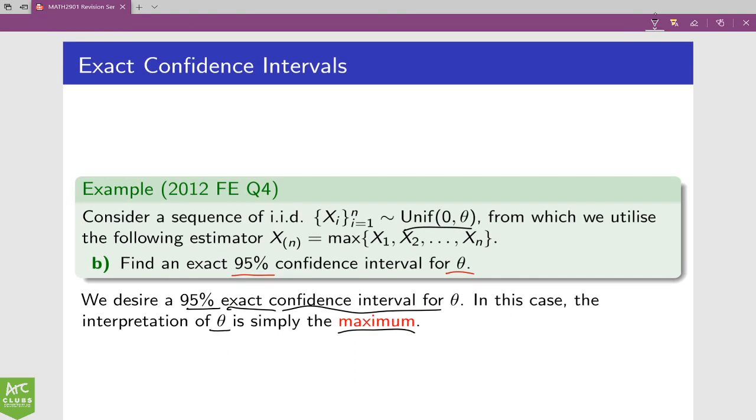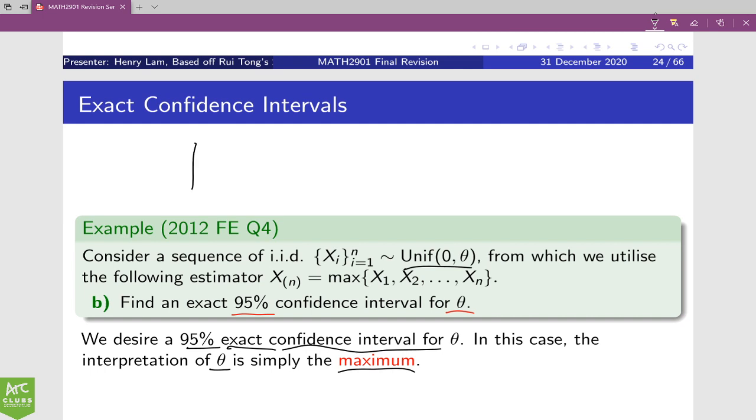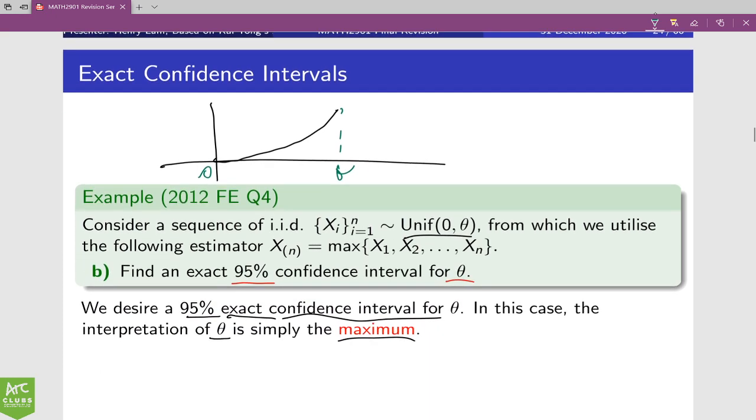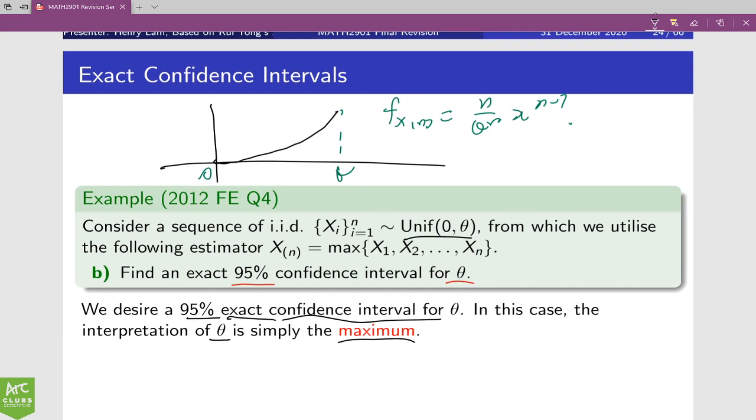So if you just imagine the PDF, I'm going to draw it. It's probably going to be really ugly, but I'll draw it real quick. Let me draw in green. This is theta, this is 0. This is the PDF of Xn: f_Xn(x) equals n over theta^n, times x to the power n minus 1.